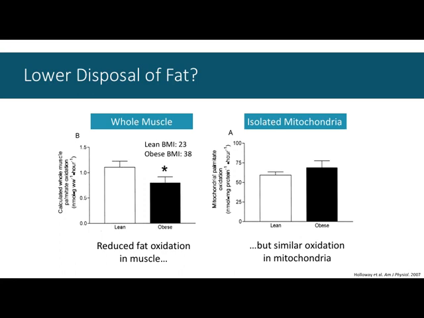It's just that it seems that obese and diabetic individuals have less of them. And maybe that's a consequence of lipotoxicity. Maybe it's a consequence of a sedentary lifestyle and a detraining type effect. But the decrease in oxidation seems to come from a smaller volume of mitochondria. They still work well, but in the muscle as a whole, oxidation is reduced.